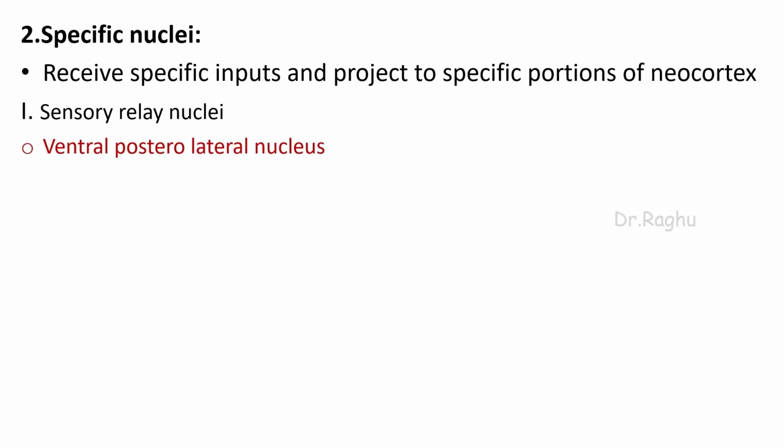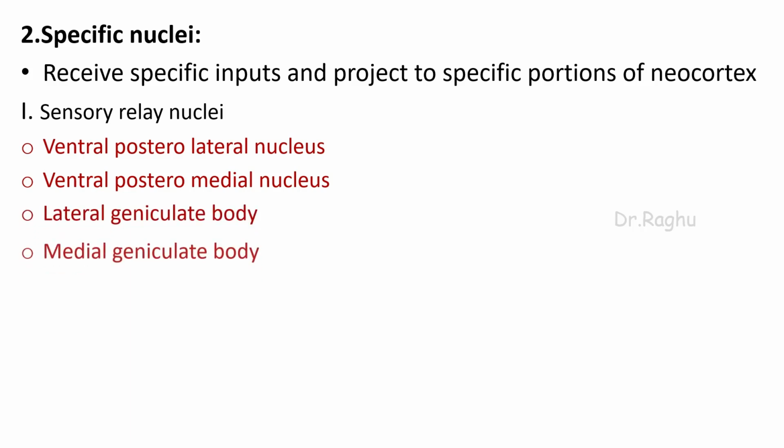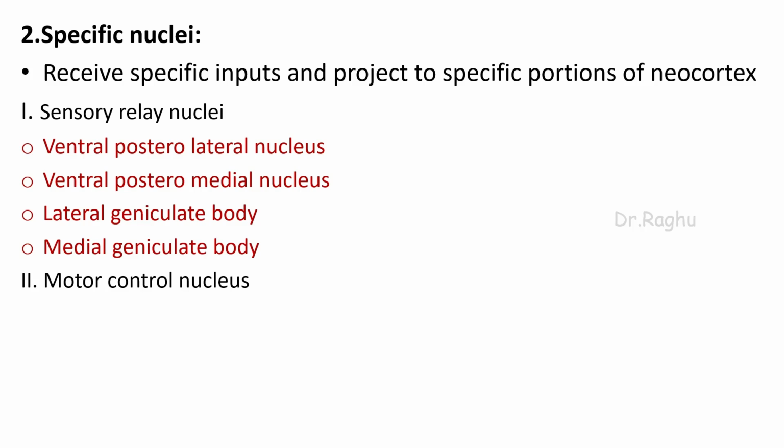Under this category, we have the ventral posterolateral nucleus, the ventral posteromedial nucleus, the lateral geniculate body and the medial geniculate body. Now coming to the motor control nuclei, this is the second subgroup of the specific nuclei. In this we have the ventral anterior and the ventral lateral nucleus.